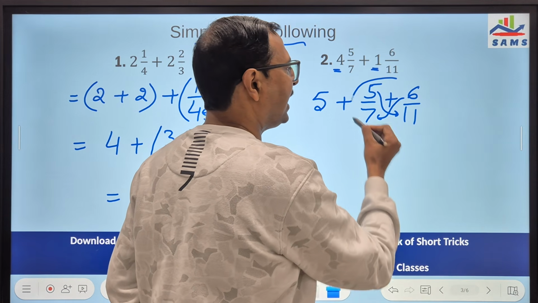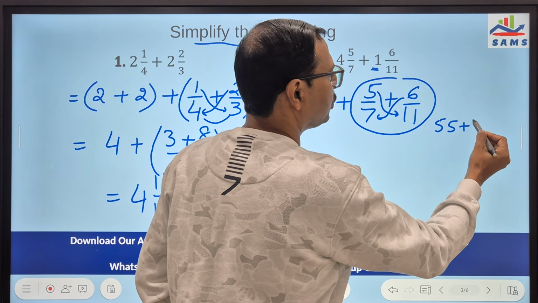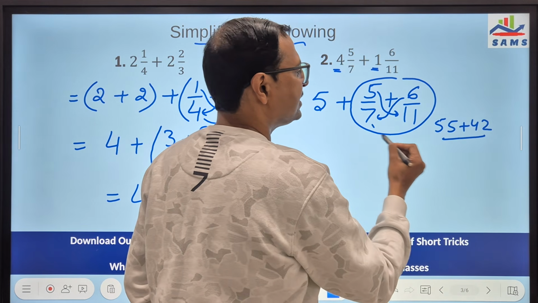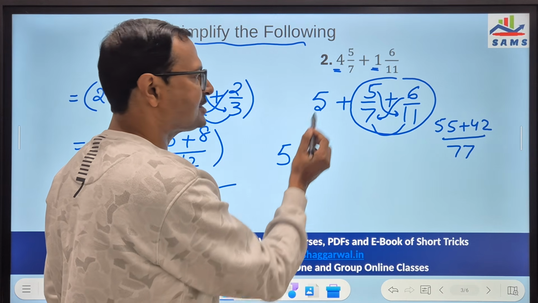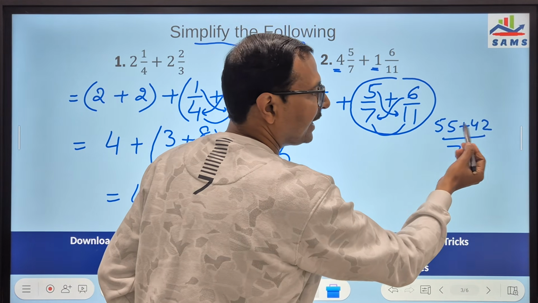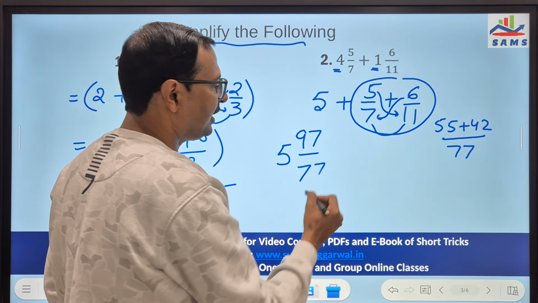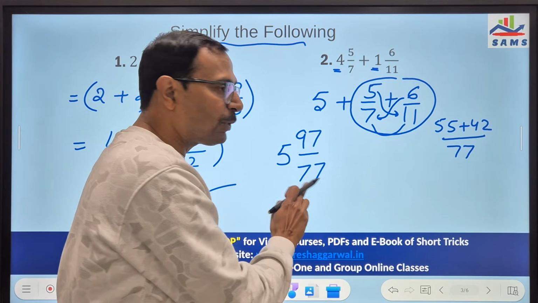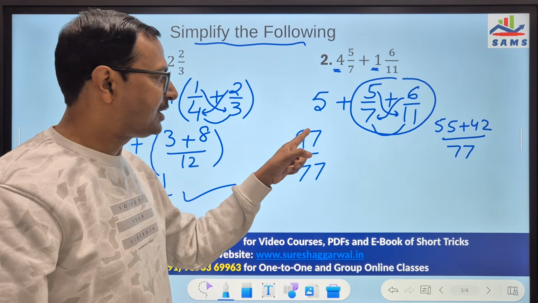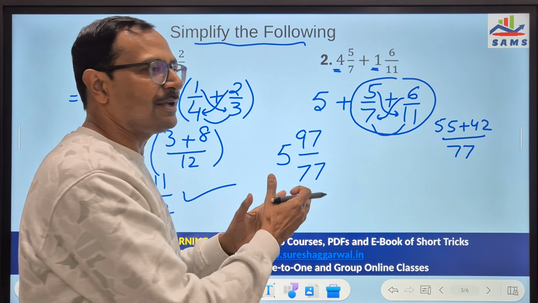So when I add this, I will get 55 plus 42 upon 77. So apart from the 5, which is the whole number part, I have 97 over 77. And this part which I got here is an improper fraction because 97 is greater than the denominator 77. So this is not the final answer.